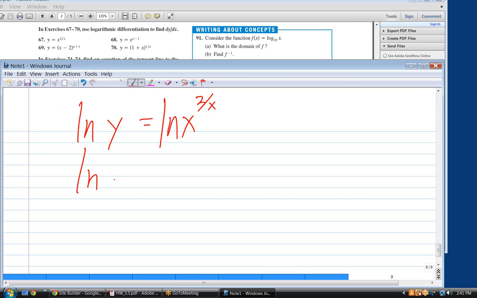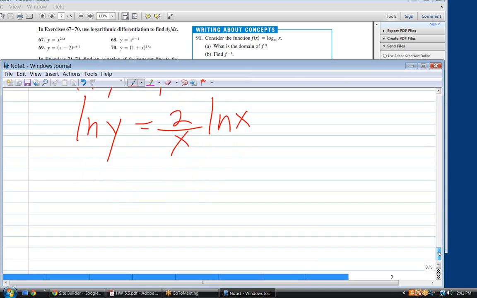The advantage of that is now you get to bring that exponent that we didn't know how to deal with onto the equation line. Now, implicitly differentiate this. So then we get 1 over y dy dx equals, that's a product rule, isn't it?